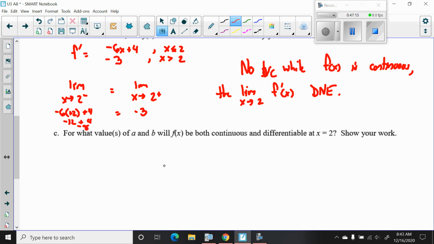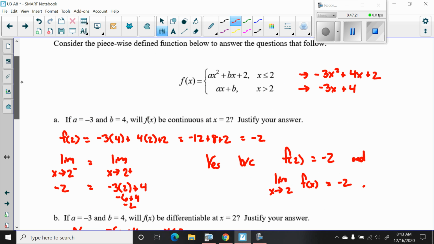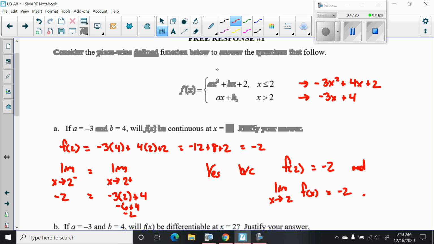Now, what values will be both continuous and differentiable at x equals 2? So now we're plugging in 2 into this function. So that would be 4a plus 2b plus 2. And this one would be 2a plus b, plugging in 2 for x.